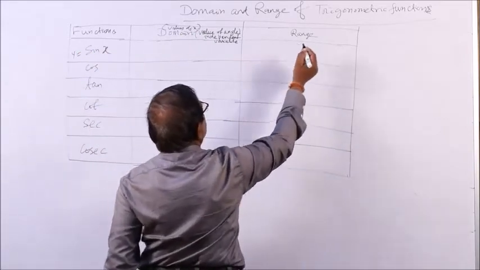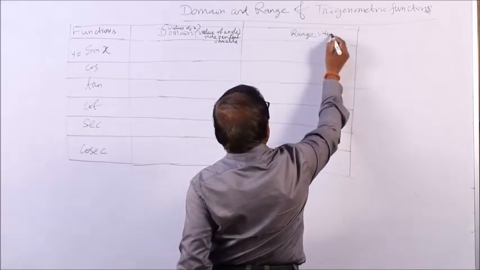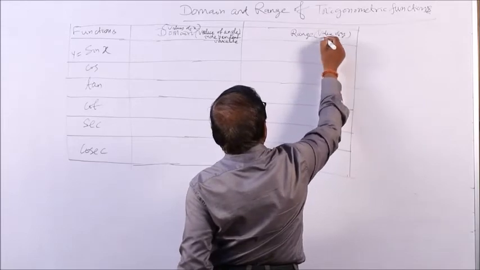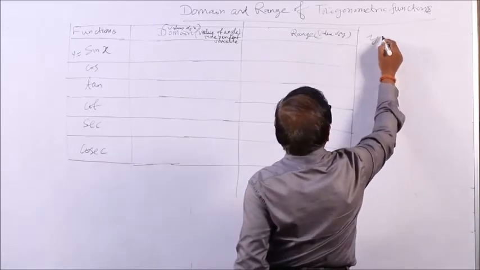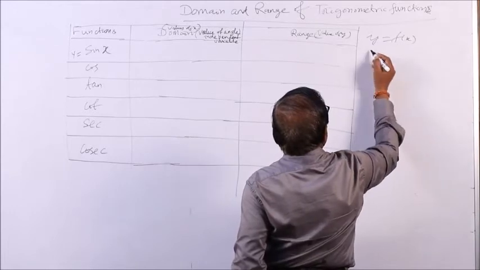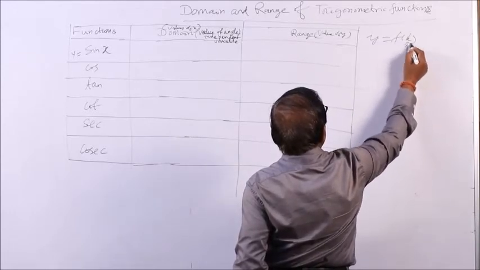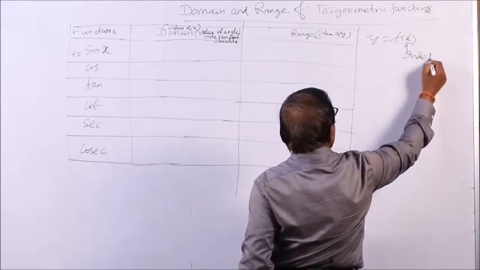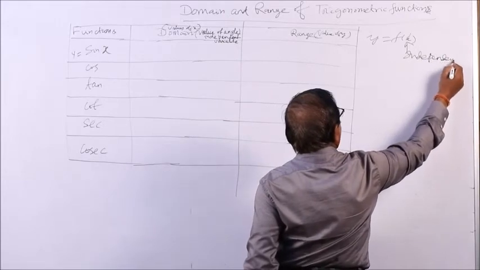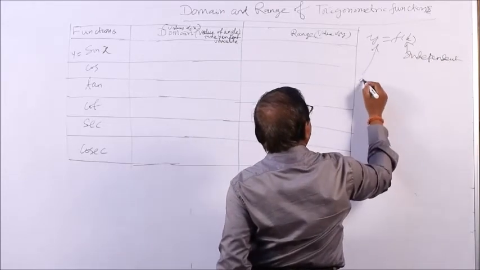So, range is the value of y, like this, y is equal to f of x, x is independent and y is dependent.